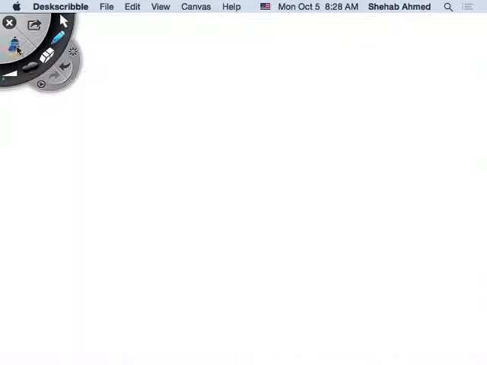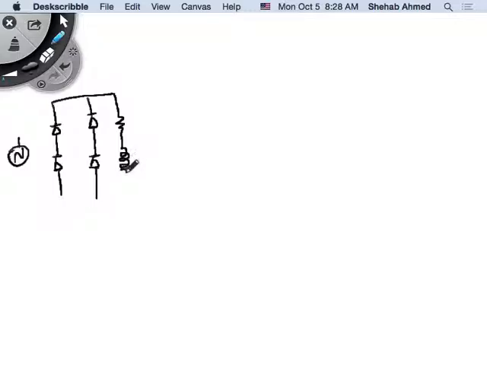Okay, so now what's the next circuit? RL, exactly. So same diode rectifier, full wave or bridge rectifier, but instead of R, we put an RL load. One, two, three, four.